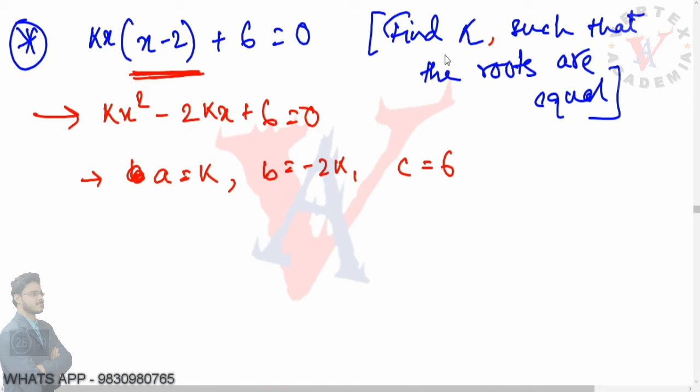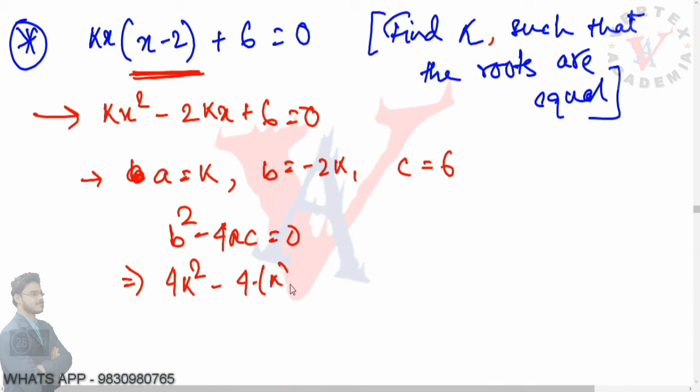Now for the roots to be equal, we know that the discriminant must be 0. Therefore b square minus 4ac equals 0. Now putting the value of b, which is minus 2k, so 4k square minus 4 times a, which is k, and c, which is 6, equals 0.